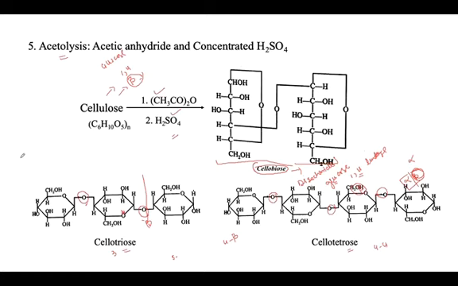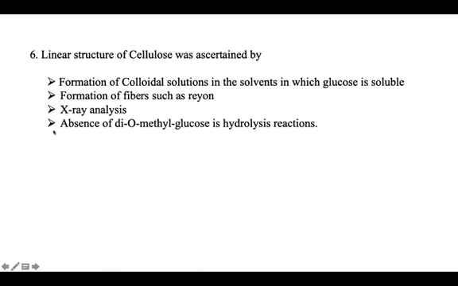However, to know whether it is actually a linear structure or not, we have done some more experiments, and some physical parameters have been checked. That further established that they have a linear structure.